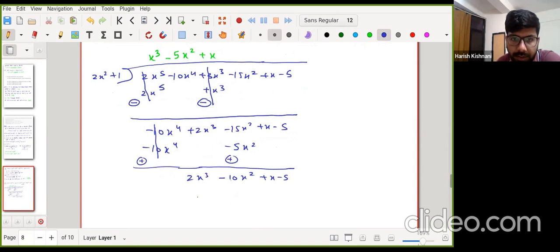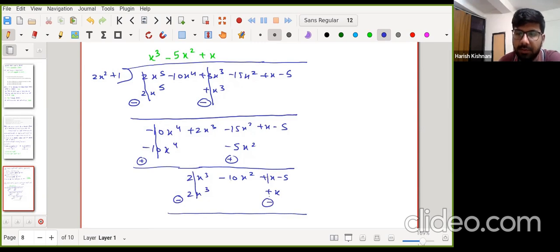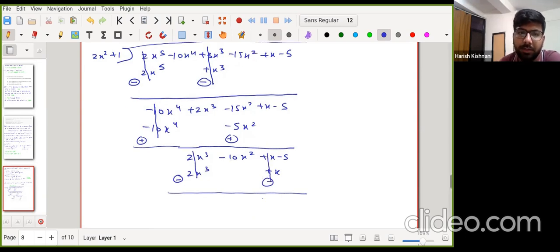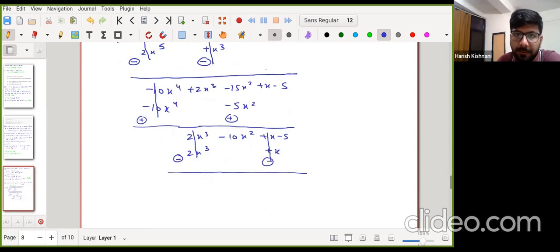It will be 2x cubed plus x, then we have minus and minus. It will be subtracted, and we have minus of 10x squared minus 5.